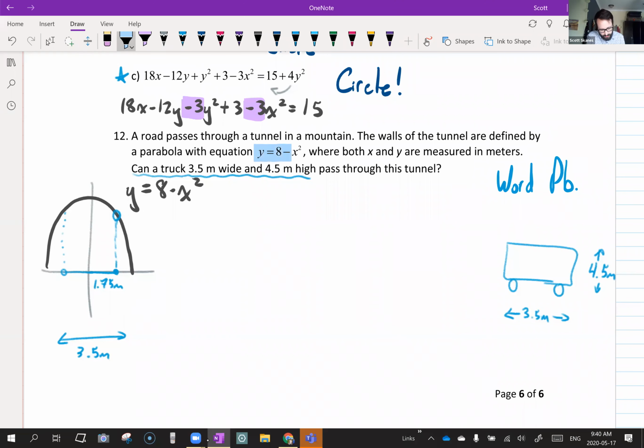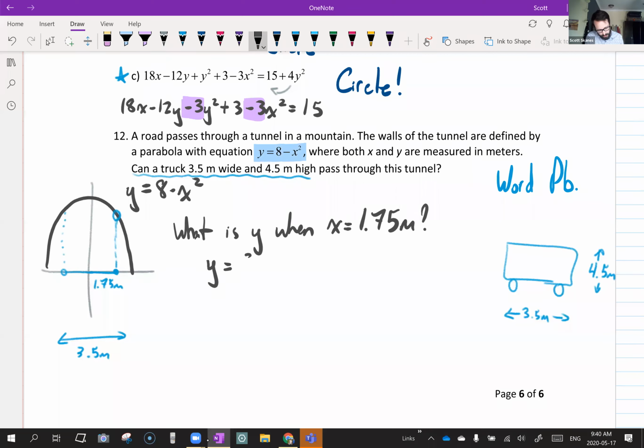Our equation is this. Both x and y are measured in meters. Can a truck 3.5 meters wide and 4.5 meters high pass through this tunnel? So I want to check that x value. So I'm going to ask, what is y when x equals 1.75? Just put it in your equation.